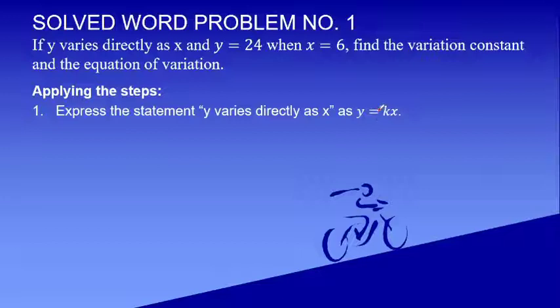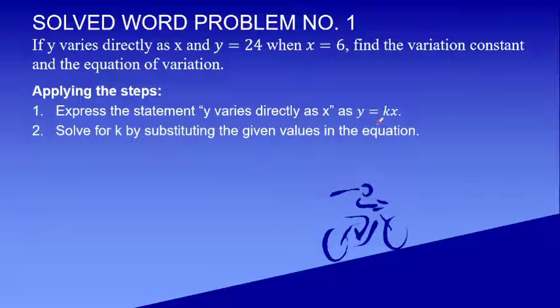Ito ang technique natin. Kapag nakakita tayo ng statement, then we are going to equate it. So, y varies directly as x. Directly, x. Automatically, the x is multiplied to the constant of variation, such as k.